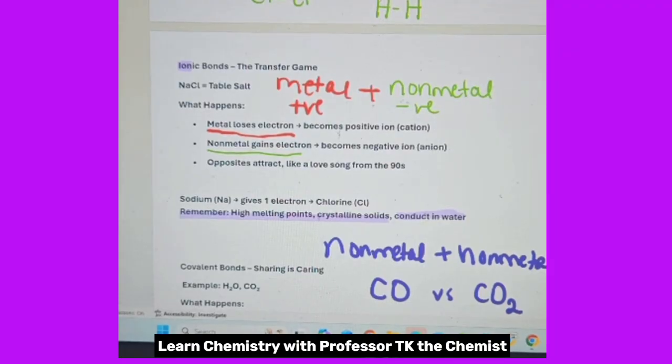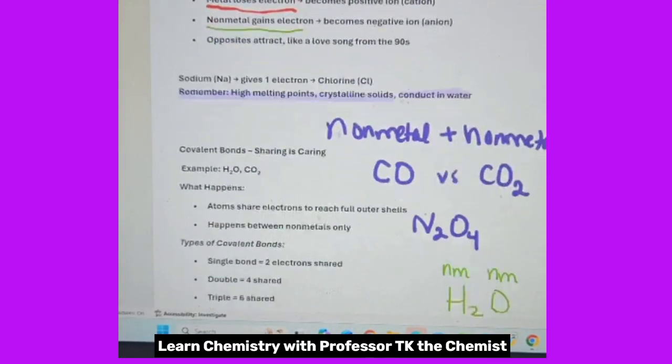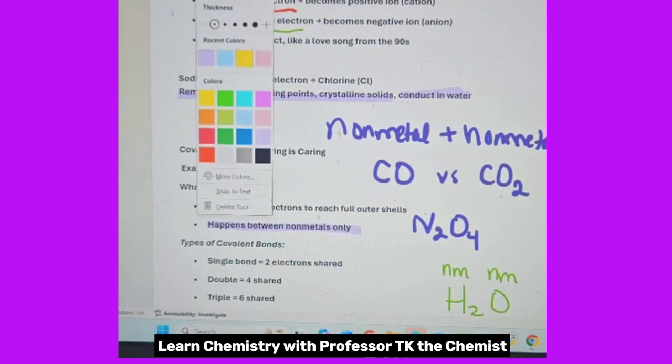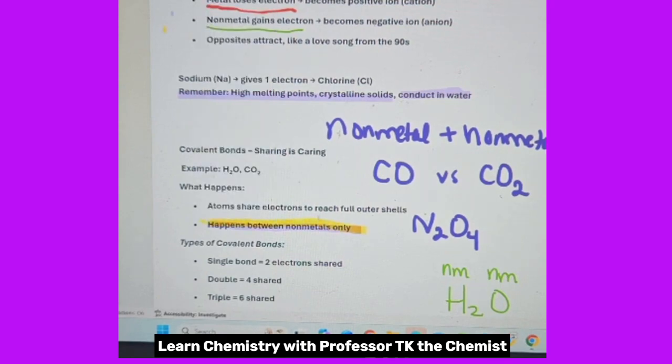Yep, only in water. Now, when it comes to covalent bonds, sharing is caring. I mentioned this earlier, like the Care Bears say, sharing is caring. So covalent bonds are basically saying it's only happening between nonmetals, okay? Between nonmetals, and when you have sharing is caring, that means they're both going to get the same thing because they're both alike, okay?